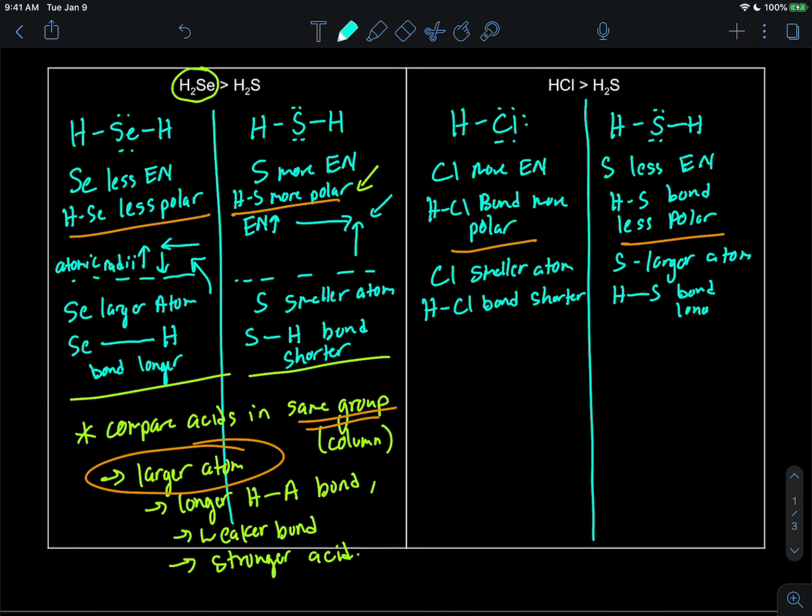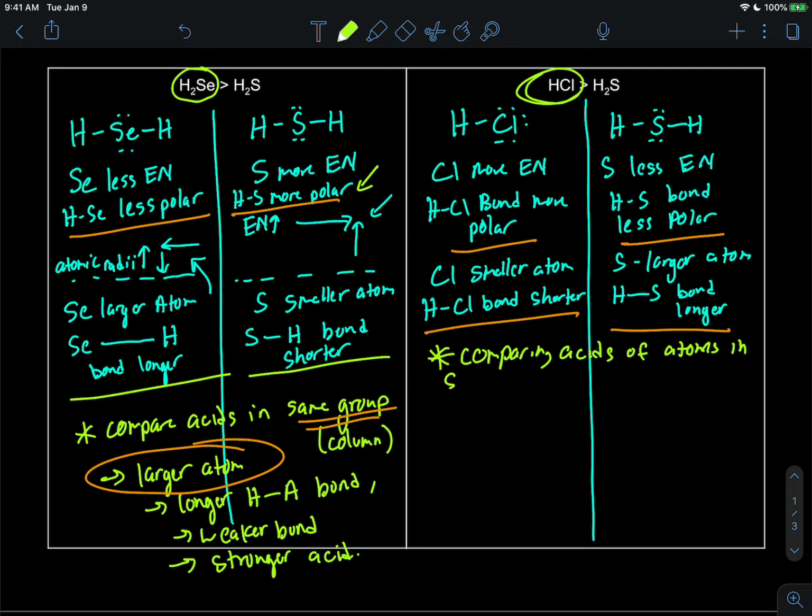And now let's make some general observations. We know that our hydrogen-chlorine bond is weaker because hydrochloric acid is a stronger acid than hydrosulfuric acid, or H2S. And so now, in this case, we are comparing acids of atoms in the same period.